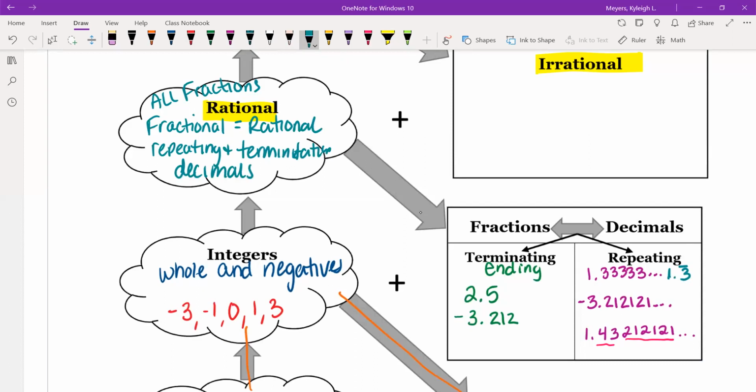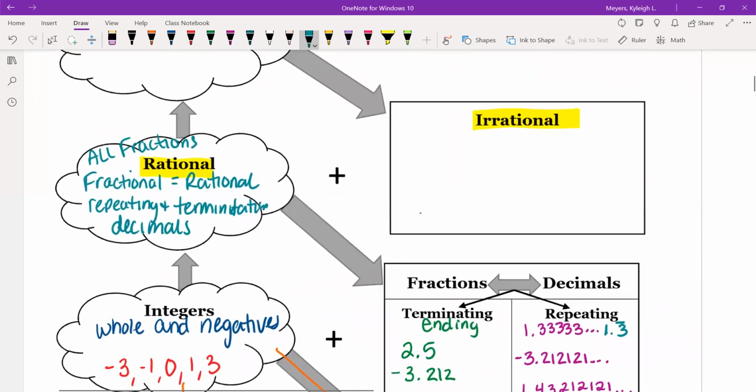So irrational numbers are no fractions, no whole numbers, none of that, but certain decimals. If we have decimals that are repeating and terminating over here, our irrational are the opposite: non-repeating and non-terminating decimals.